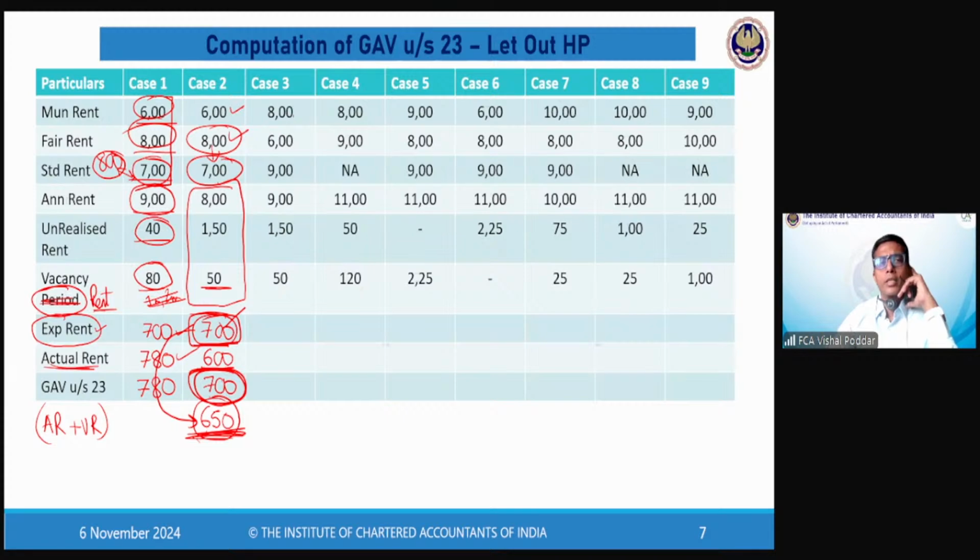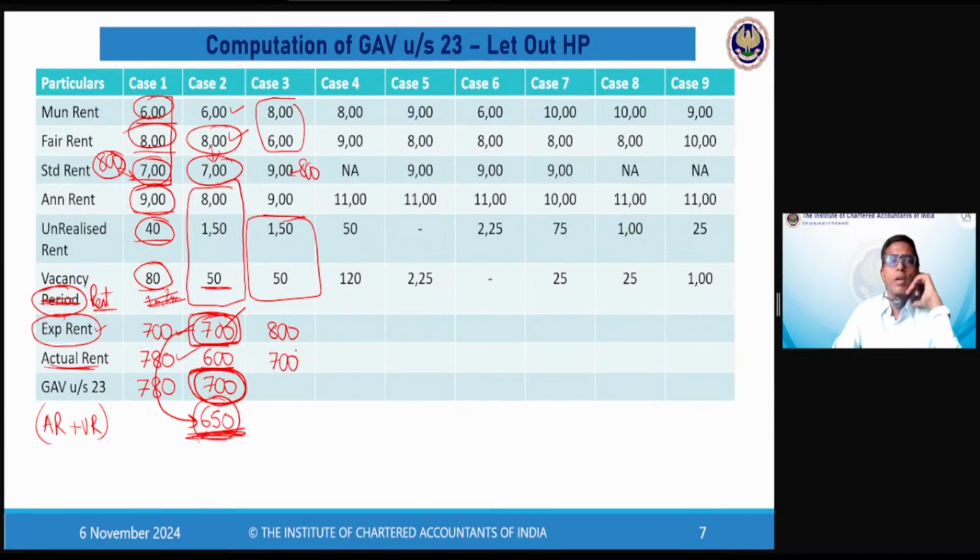All right, let us proceed further. Now, higher of these two is 800. 800 compared with standard rent, whichever is lower. So my answer is 800. Now, 900 minus this, the answer is 700. Again, 700, which is actual rent, is less than my expected rent.